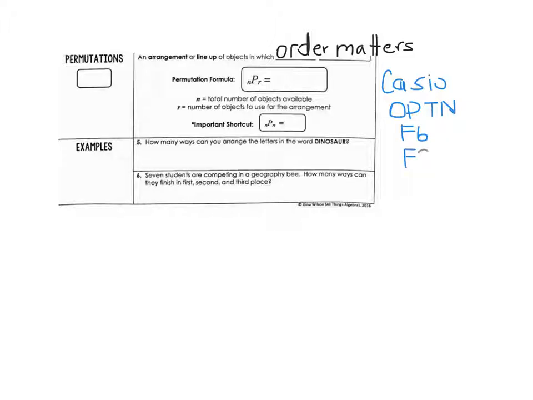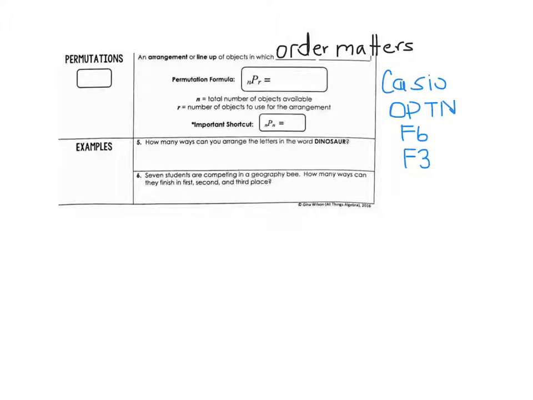If you press that, you're going to get all your probability formulas on the bottom row of your screen. And you can see that the nPr is right above F2. So that's what we'll have to use. You'll have to push in your number for n. Then you'll press F2 to get the formula nPr to show up. And then you'll press in the number for r. And then you'll press equals, and you'll get your answer.